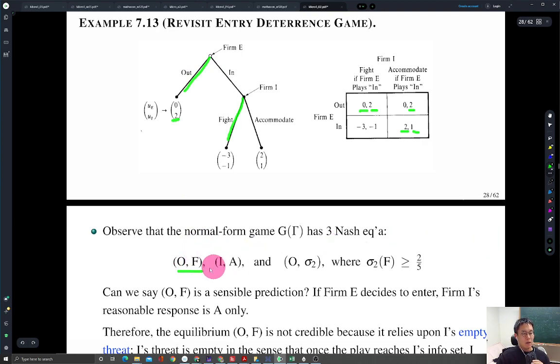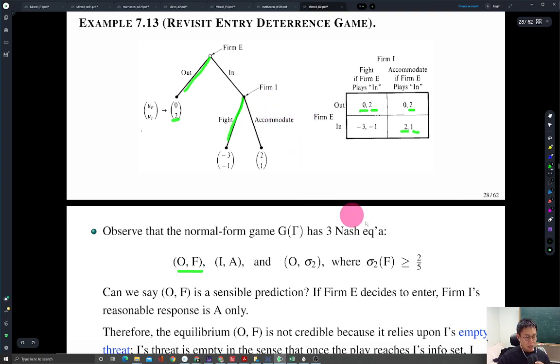But this OF cannot be counted as a sensible prediction, because if we reconsider incumbent I's play at this information set, fighting gives a payoff of -1, and accommodating gives a payoff of 1 to the incumbent. That means if the play reaches this information set, then incumbent I should have adopted this strategy, accommodation.